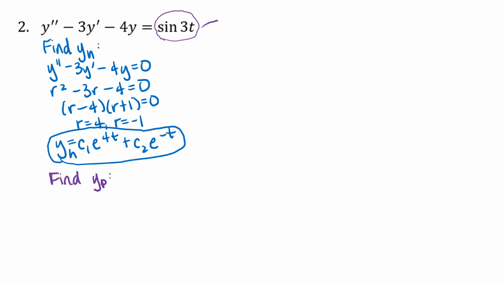So this function and all of its derivatives are scalar multiples of either sine 3t or cosine 3t. That is it for the list of all the possible derivative functions you get, no matter how many derivatives you take for this function. So that's when you know that this is an appropriate method. You can find YH, and that right-hand side function and all of its derivative functions form a finite list.